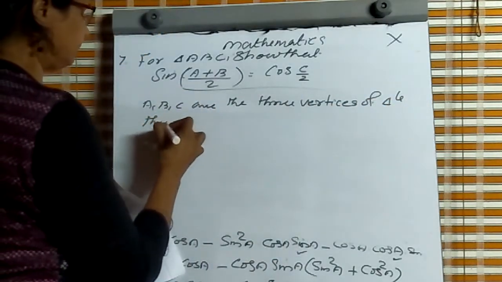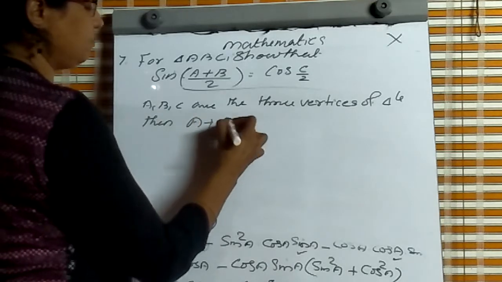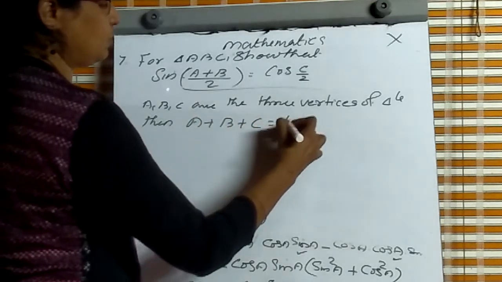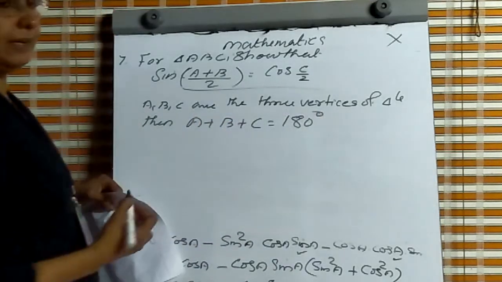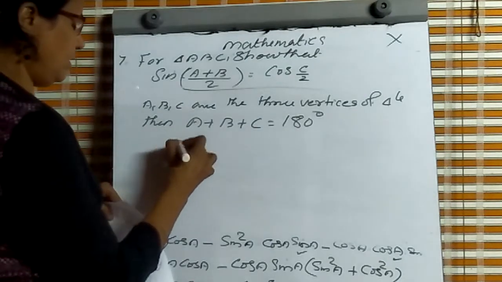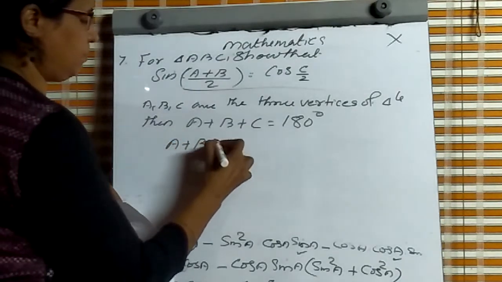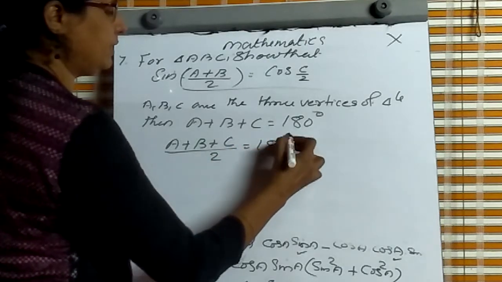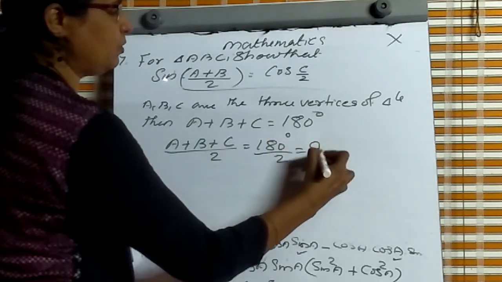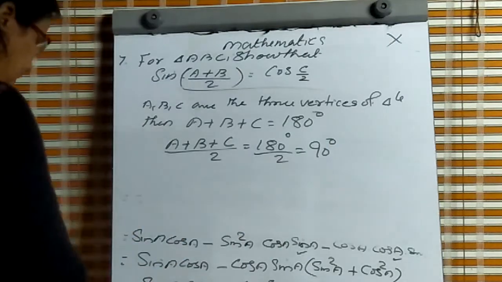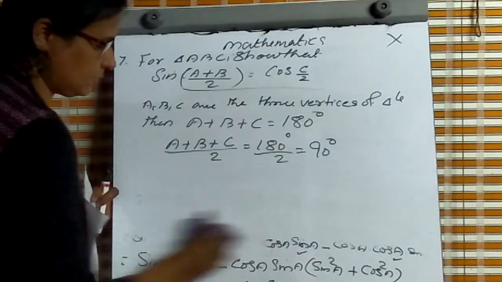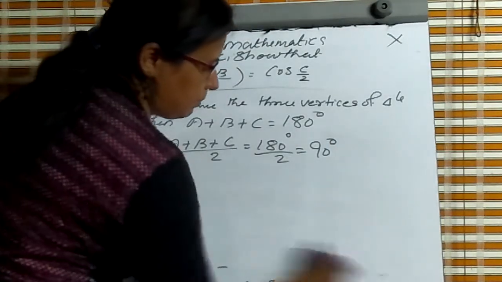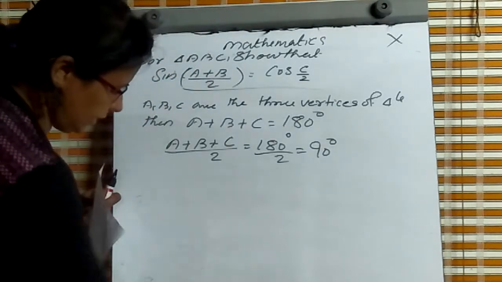Then A plus B plus C is equal to 180 degree. So A plus B plus C by 2 is 180 degree by 2, which is 90 degree.